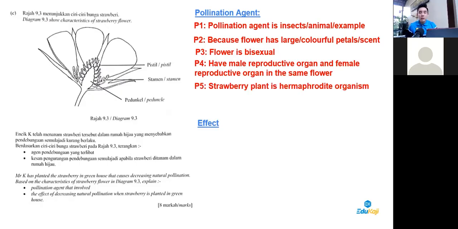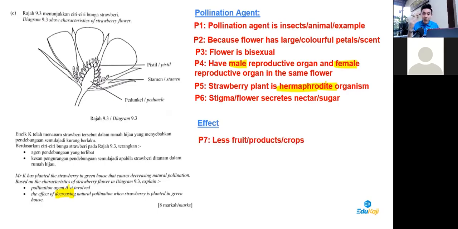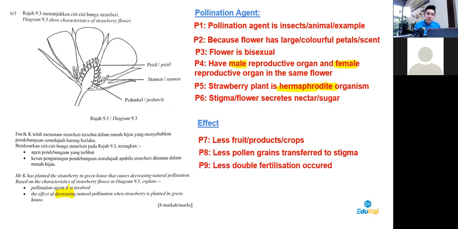Okay. Another name is hermaphrodite, guys. Hermaphrodite means have both the male and also female organ. Okay, as for the effect of decreasing natural pollination, the keyword is decreasing. Less pollination, less fruits. Less fruits, less products, less pollen grain being transferred, less double fertilization.